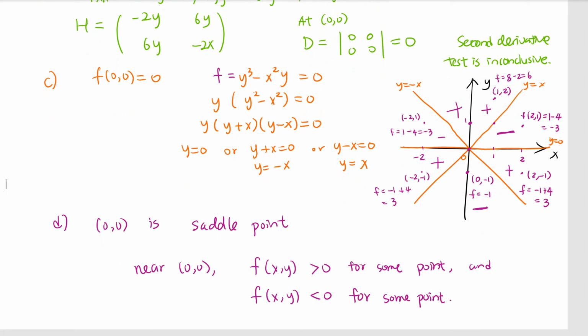No matter how close to it, we can always find some point that has a positive function value, and we can also find some points that have negative function values. Okay, so that's why 0, 0 is a saddle point.